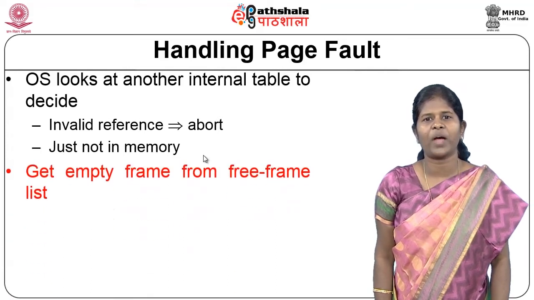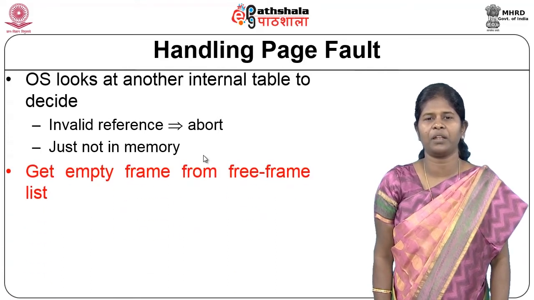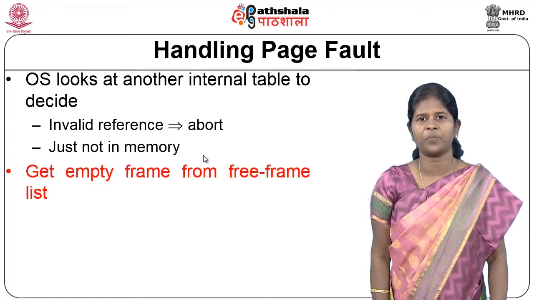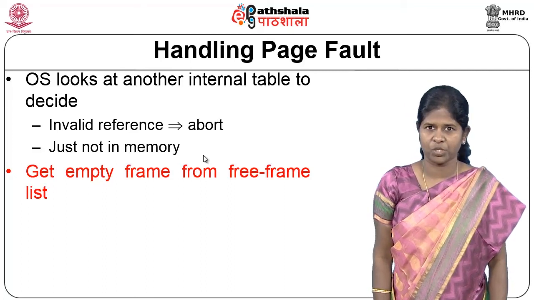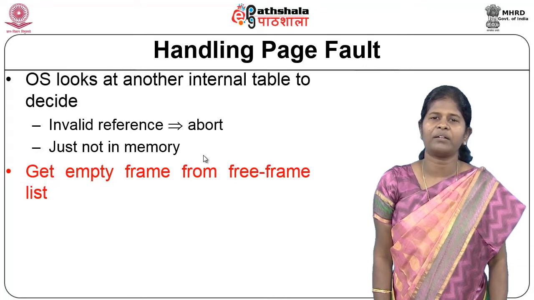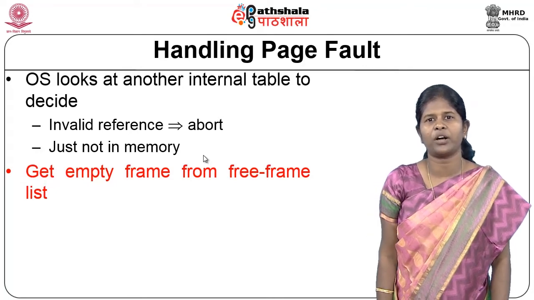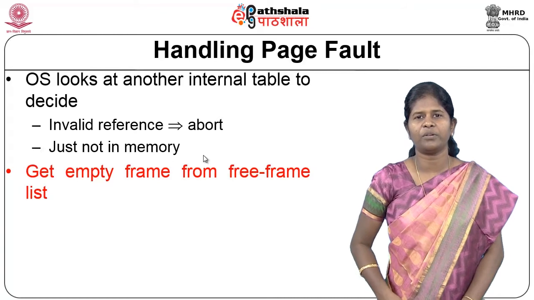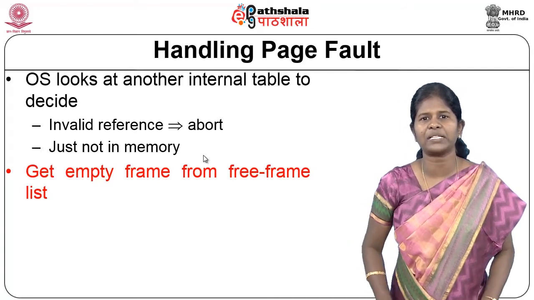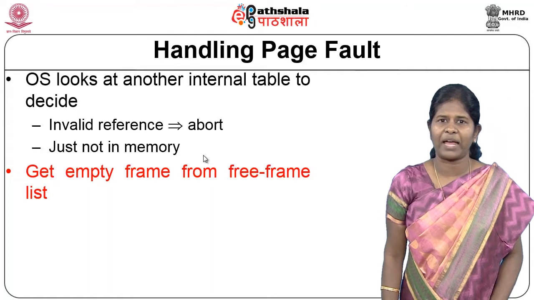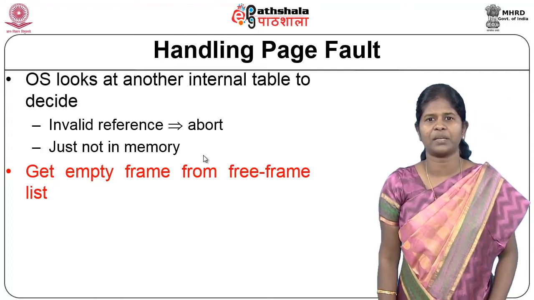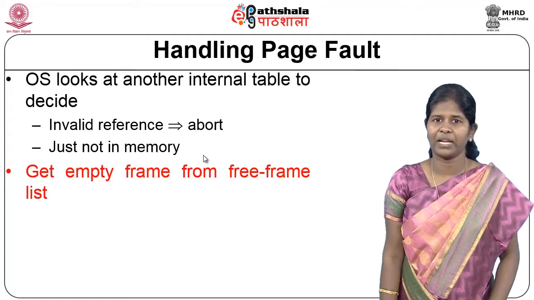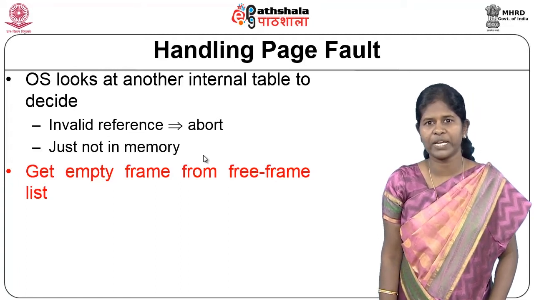For that, you have another internal table, kept mostly in the process control block, to decide whether this invalid reference means that it is actually an invalid page or it is a valid page but not brought into the main memory. When you look into the page table, you understand whether the valid bit or the invalid bit is set. If the invalid bit is set, there is a page fault, but the invalid bit can be because of 2 reasons.